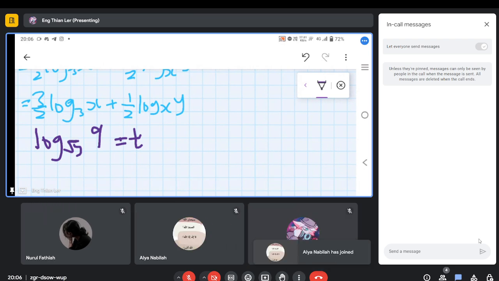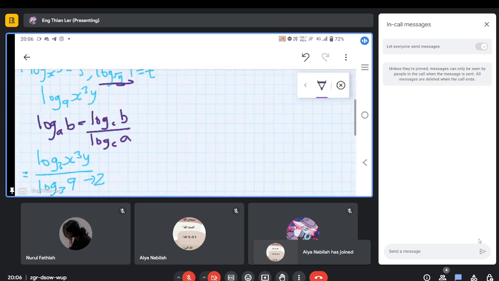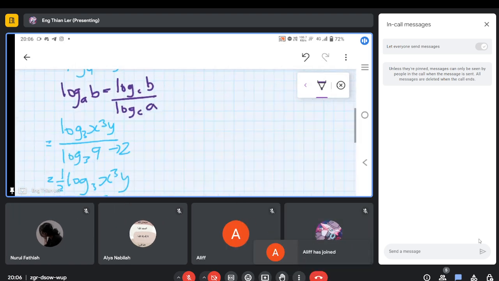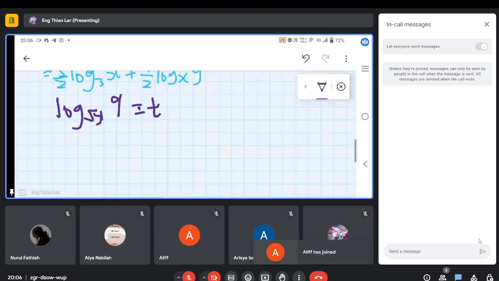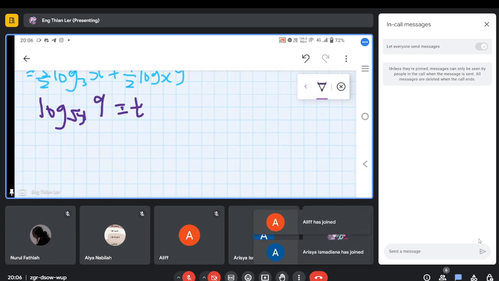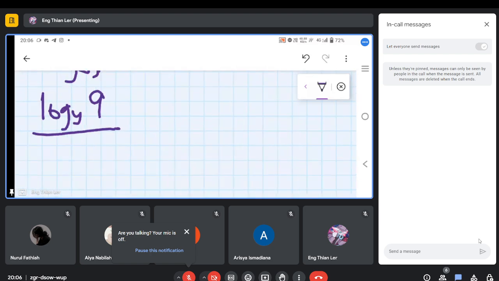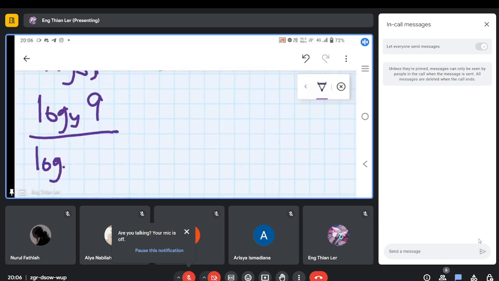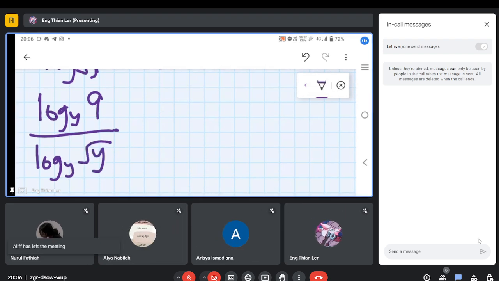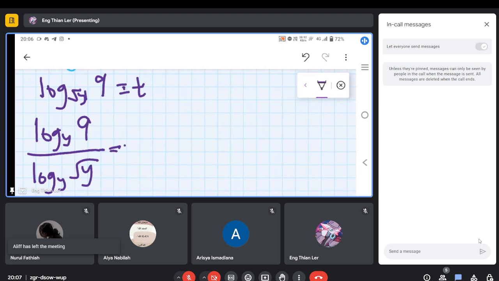We can change the base by using the formula log A base B equal to log C base B over log C base A. B will be 9 and C will be the new base, so this will be base y, and down there will be the old base, square root of y.